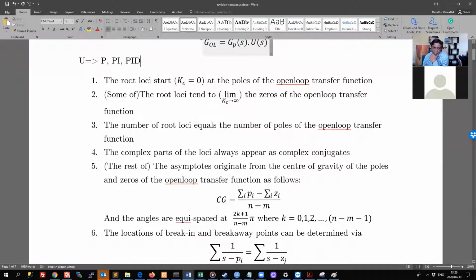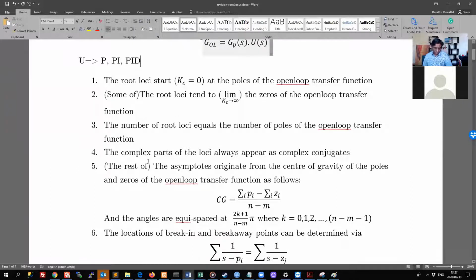So anyway, the first principle is that the plot of those loci starts when we set the value of KC equals 0. And as KC goes off to infinity, then the roots tend to the zeros of that function. And that's not all the roots, right? Some of the roots go towards the zeros.